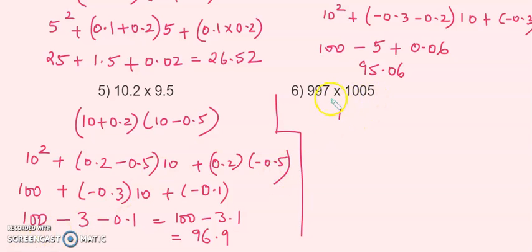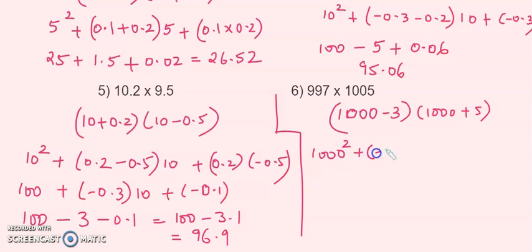Okay, next. Sorry, that was a printing mistake. It's 997 multiplied by 1005. So it's 1000 minus 3, sorry, not 100, 1000 minus 3 and 1000 plus 5. So x square is 1000 square, plus minus 3 plus 5 multiplied by 1000, plus minus 3 multiplied by 5. 1000 square is 1, 2, 3, 4, 5, 6 zeros.